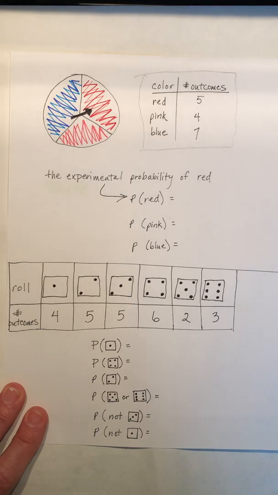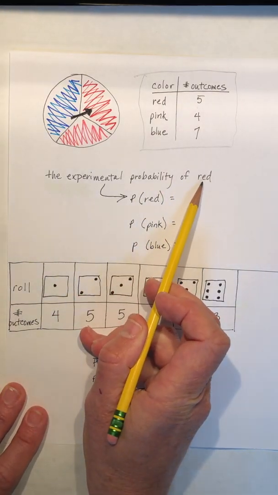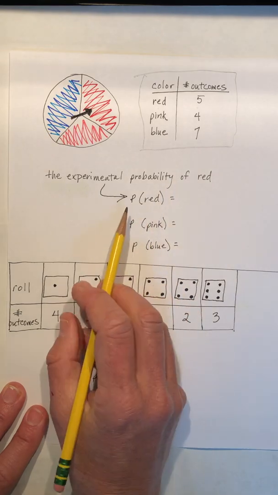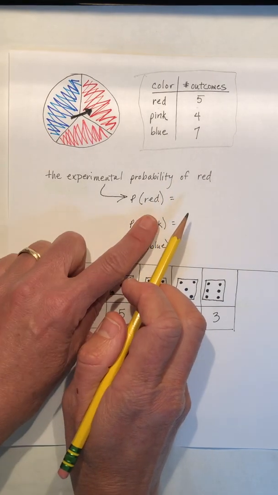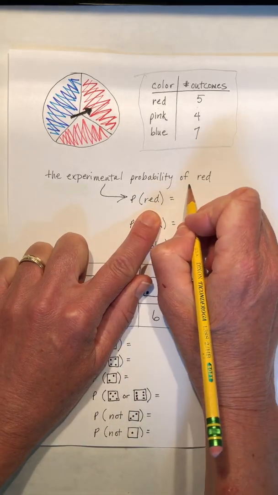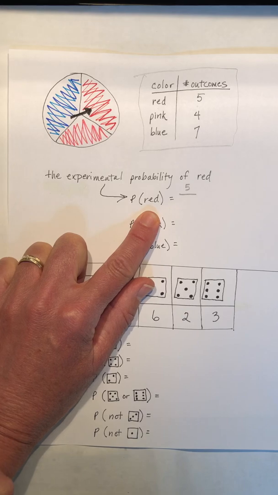So the experimental probability of getting a red, remember, I'm looking for the number of times that something happened. So how many times did we get a red? 5 over the total number of trials. What is that?